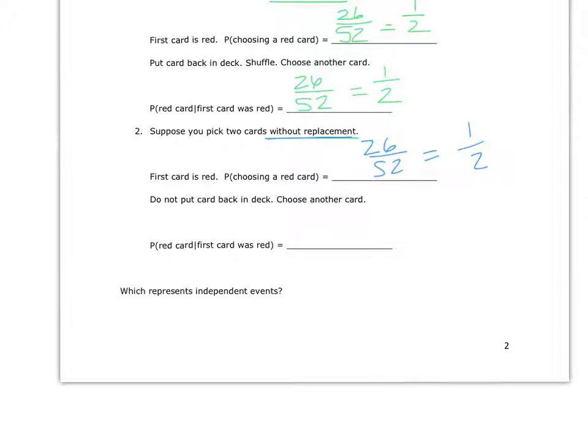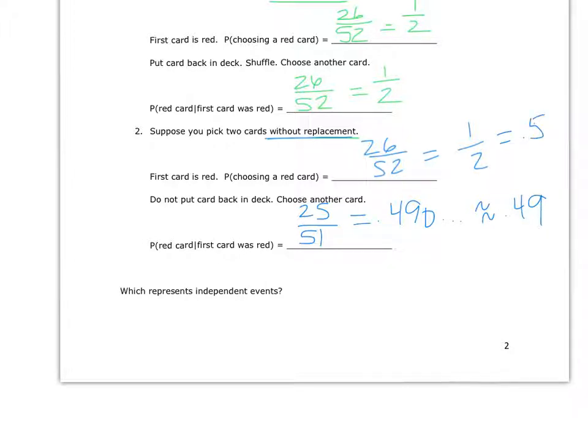So if that's the case, then we have only 51 cards to choose from. And if that first card was red, now there's only 25 red cards left. And our probability is 25 over 51, which is equal to 0.490, or approximately 0.49. Okay, so it's different, right?